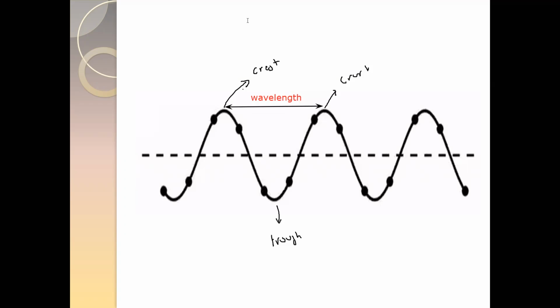Same thing, the distance between the two successive troughs is also known as wavelength.